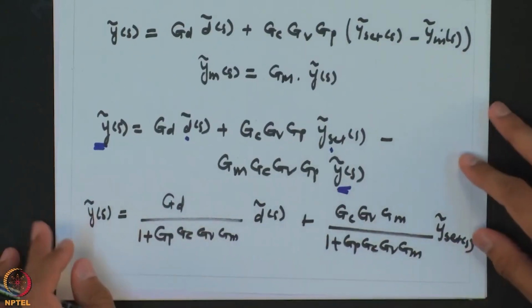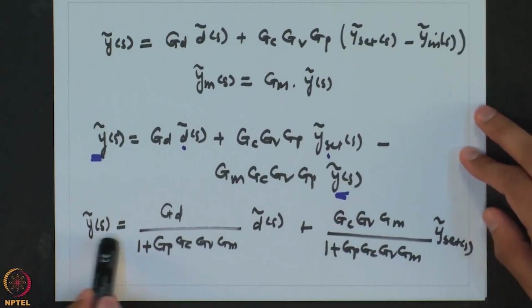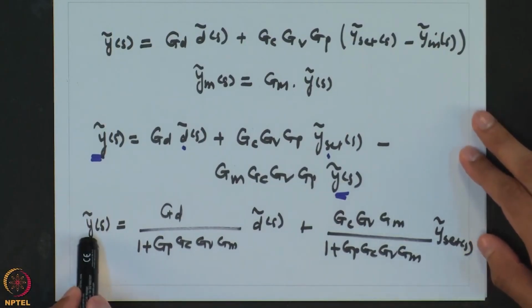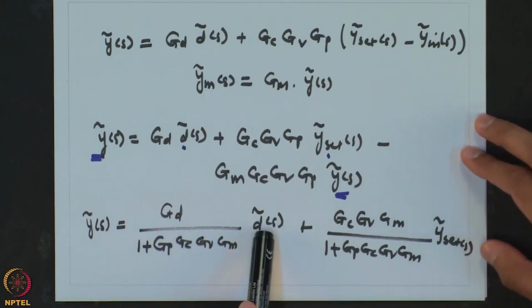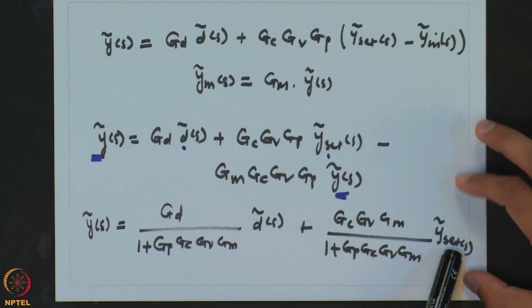So, this equation tells us how the output is going to change in the presence of this feedback controller when a disturbance is affecting the process or a set point change is made.